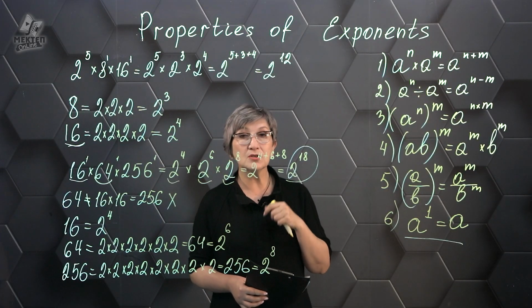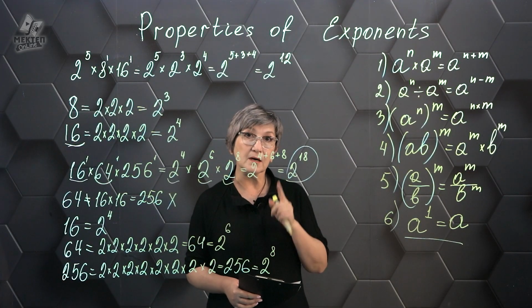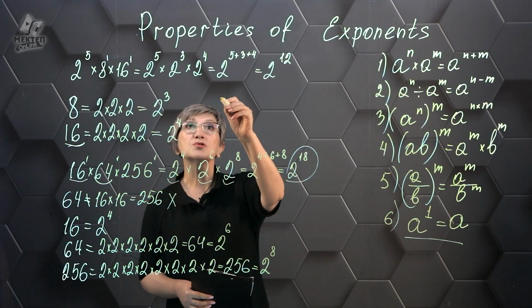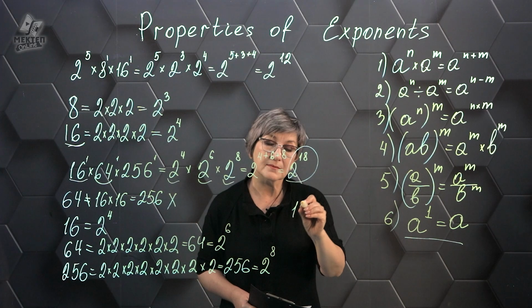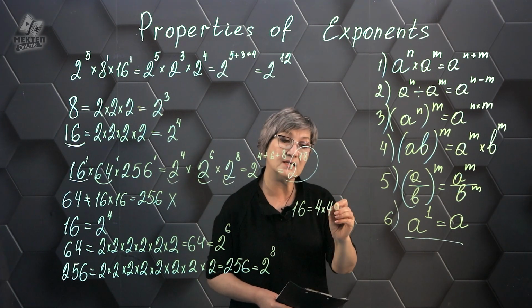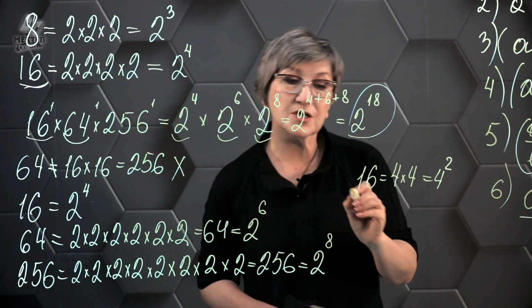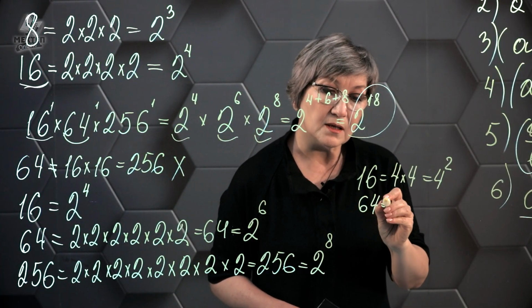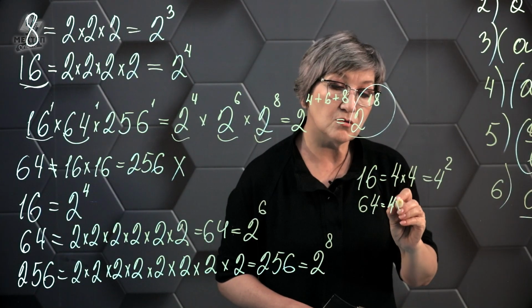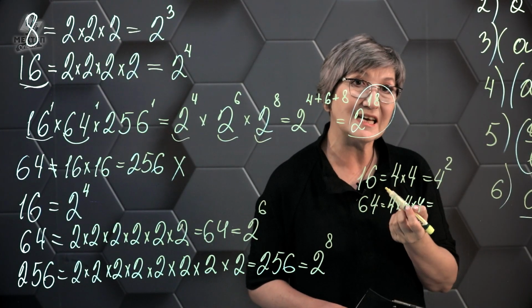But this example can be solved in another way. It doesn't always work out in the examples, but the point is that 16 is 4 times 4, then 16 is 4 squared. But 64 is 4 times 4 times 4, because 16 times 4 is 64.